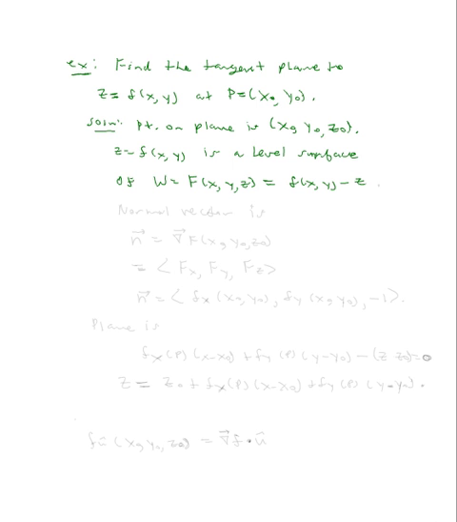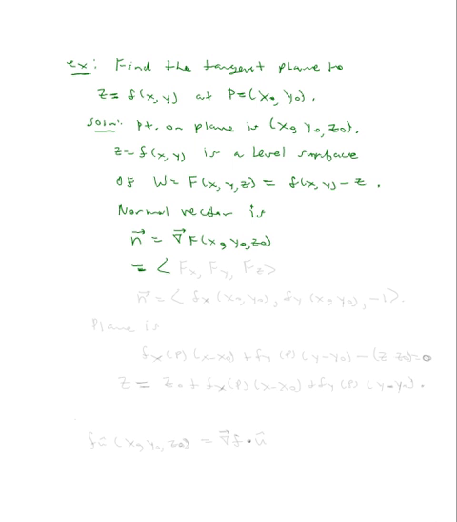So we can take the gradient of big F at x naught, y naught, z naught, and that will be our normal vector for our tangent plane. So a normal vector, let's call it n, is del big F at x naught, y naught, z naught.